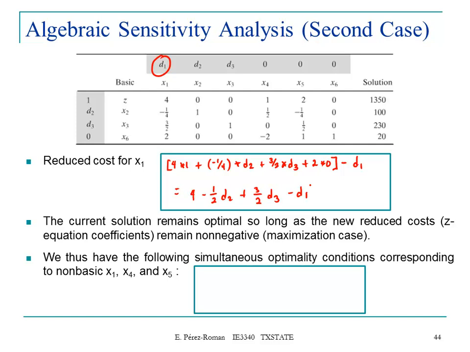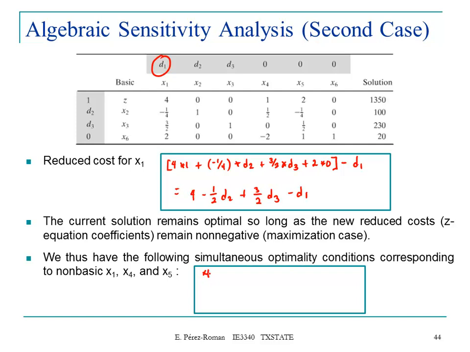The current solution remains optimal so long as the new reduced costs, or C equation coefficients, remain non-negative for the maximization case. We thus have the following simultaneous optimal conditions corresponding to non-basic x1, x2, x4, and x5. So I'm sorry, this is x4, x5.